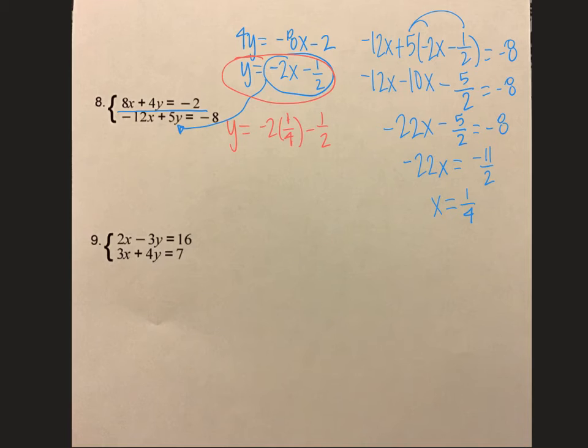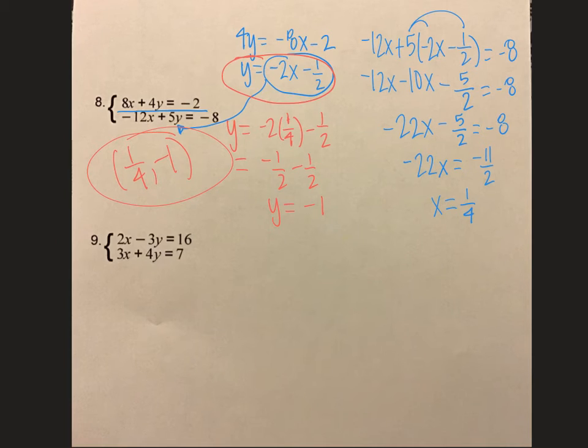Negative 2 times 1/4 is going to give me negative 1/2 minus 1/2, which is going to give me negative 1 for my y value. Which gave me 1/4, negative 1 for my ordered pair.